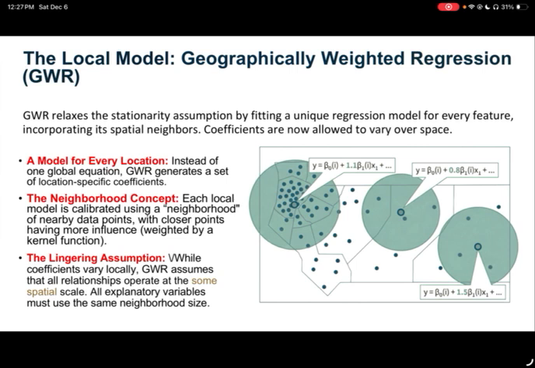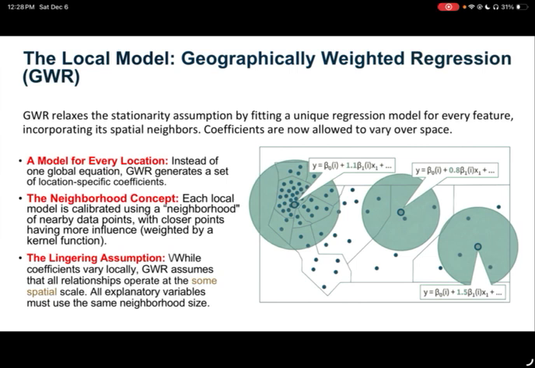I think Professor Ko already explained it last week, where GWR models relax the stationarity assumption by fitting a unique regression model for every feature or every sample that incorporates its spatial neighborhood.